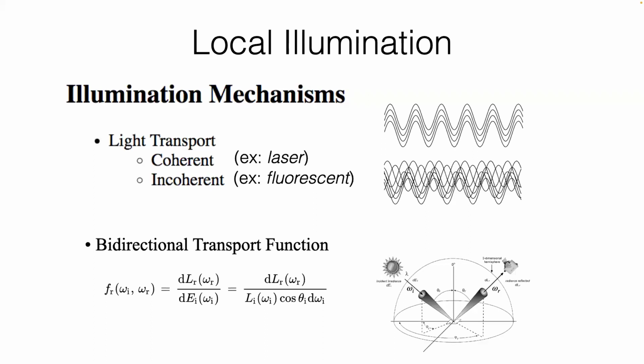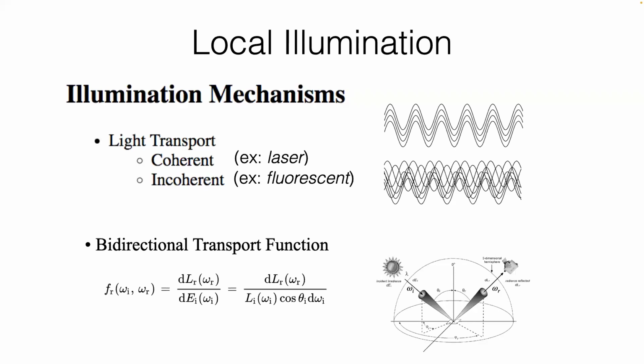Coherent rays, like laser pointers, all have the same frequency and are aligned. Incoherent rays, like fluorescent light, are not the same frequency and are not aligned, not all in phase. This produces different effects when you consider scattering, especially related to color.